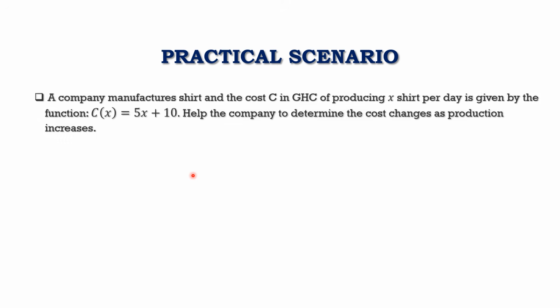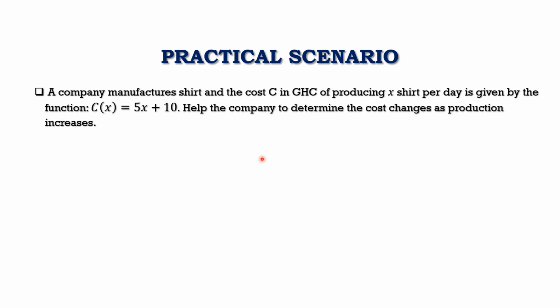Now let's proceed to a practical scenario where we have to help a company to determine the cost changes as production increases, and that is the production expression where C represents the cost and x represents the shirts produced per day. So here we have C of x equal to 5x plus 10.